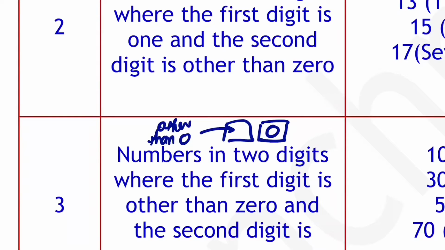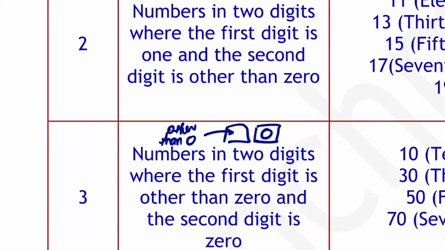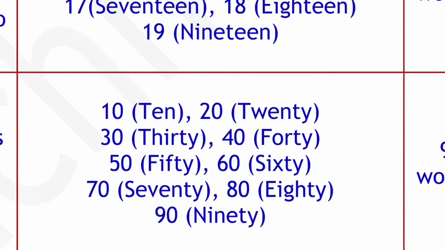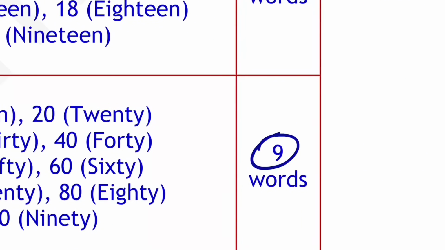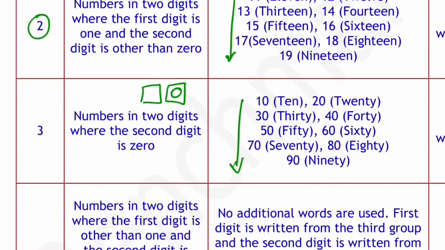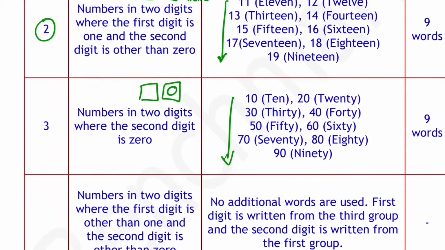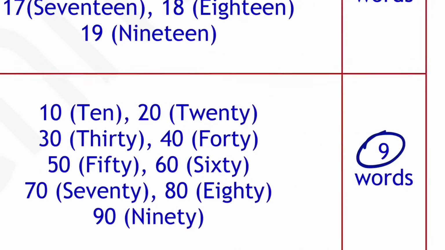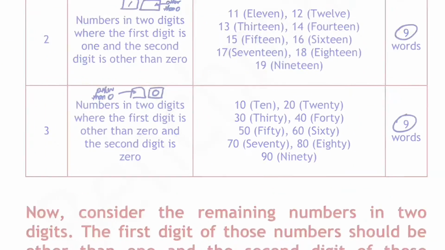So if you keep many zeros together, it is obviously a 0. For that category, we have 9 more words, 10, 20, 30 up to 90. Let me identify those 9 words as words in group 3. So we have identified 27 words altogether.